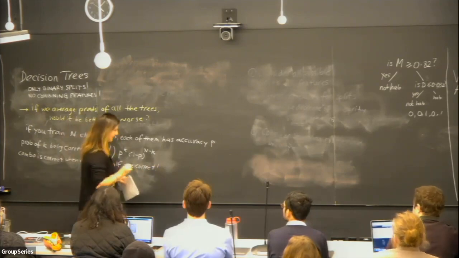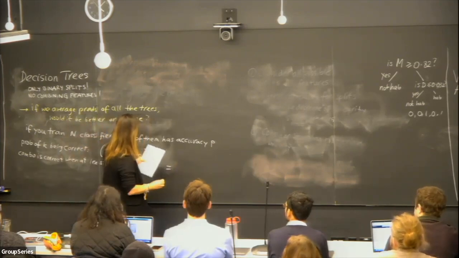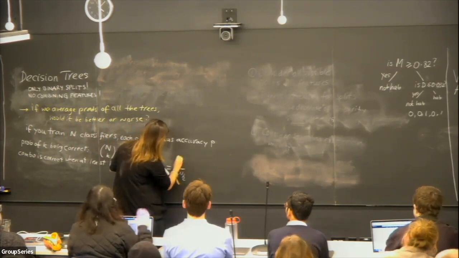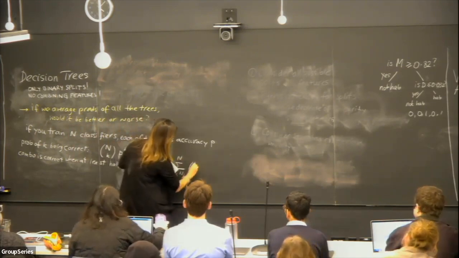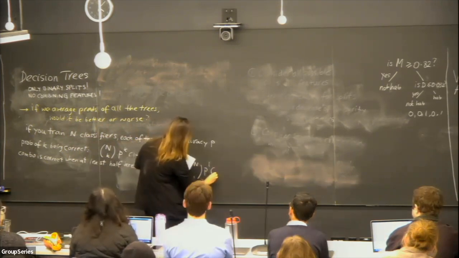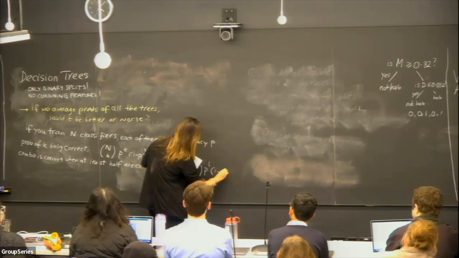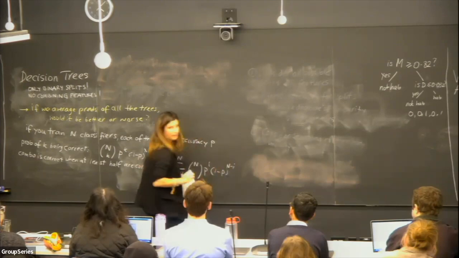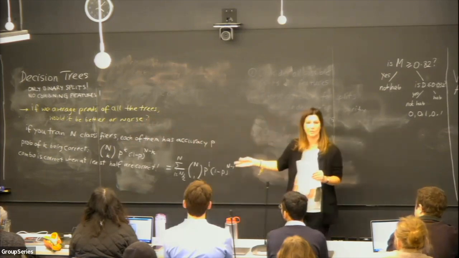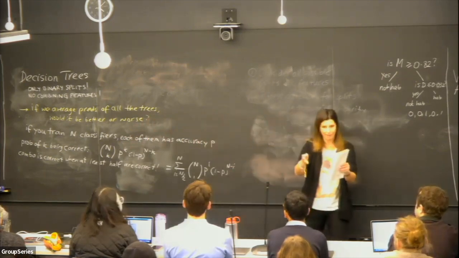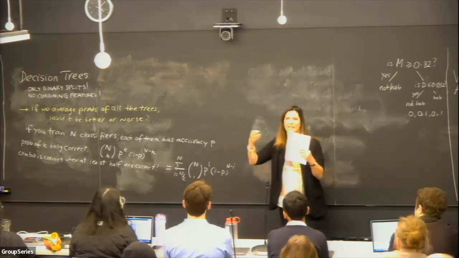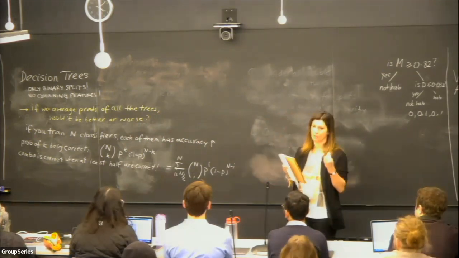We can write this as the sum for i equal n/2 to n of n over i, p to the i, times 1 minus p to the power of n minus i. In general, I try to stay away from math as soon as possible. Basically, this is just a cumulative probability: if half of them or more are correct, I can sum all of these probabilities, and this is the total probability that the combination is correct.